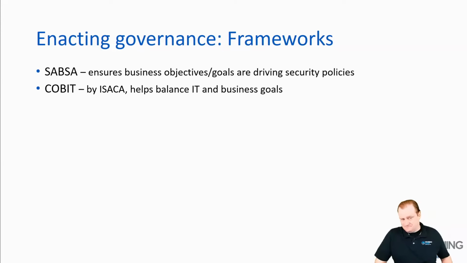We got COBIT. This is made by ISACA. The Control Objectives for Information and related Technologies. This helps a business reconcile its goals with what the IT department thinks its goals are. It helps break down the barriers between upper management, who doesn't necessarily speak the IT lingo, explaining how to better communicate to the IT department and how to better set expectations the IT department can reasonably meet.